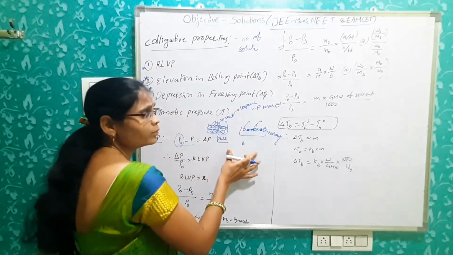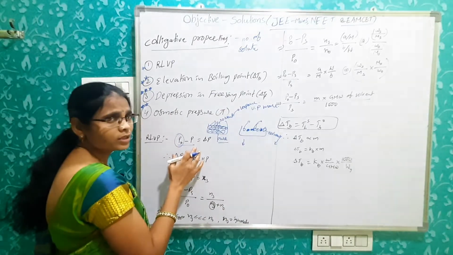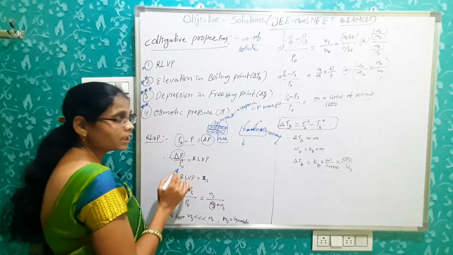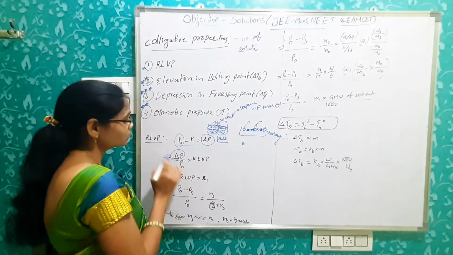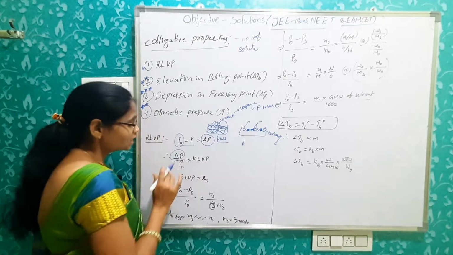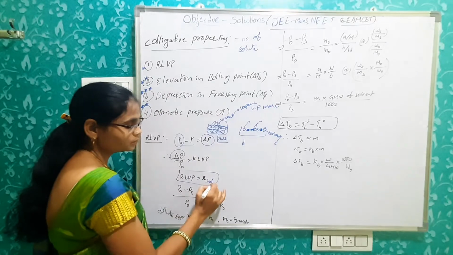The decrease in vapor pressure from pure solvent to solution is known as lowering of vapor pressure, delta P. The ratio of lowering of vapor pressure to pure solvent vapor pressure is known as relative lowering of vapor pressure, RLVP, which equals the mole fraction of solute.